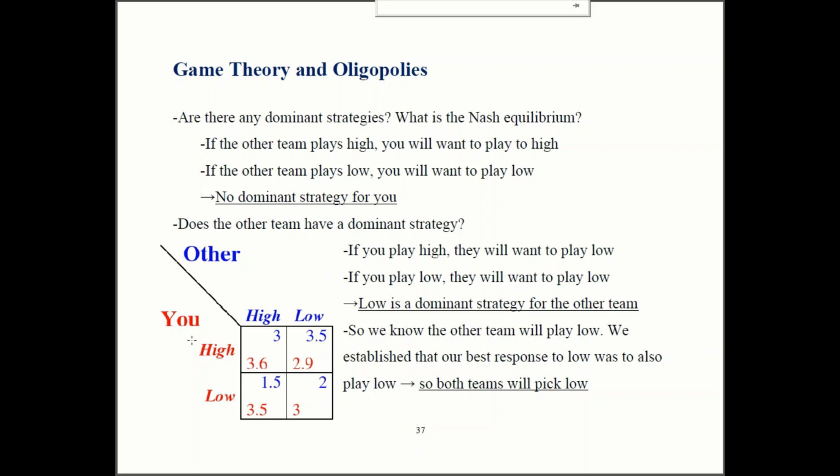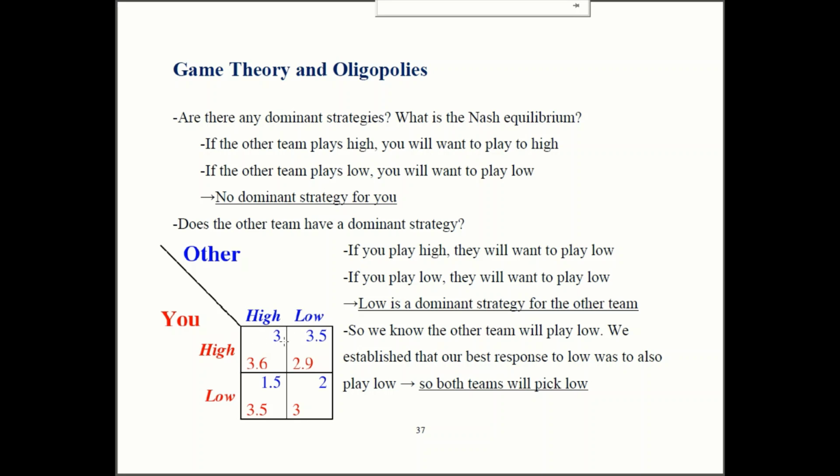If you're playing high, then we're going to be in this row of the table. If they also play high, they're going to be over here. So high is this cell. Their profits are in blue. That's what they care about. They get 3 million in that case.